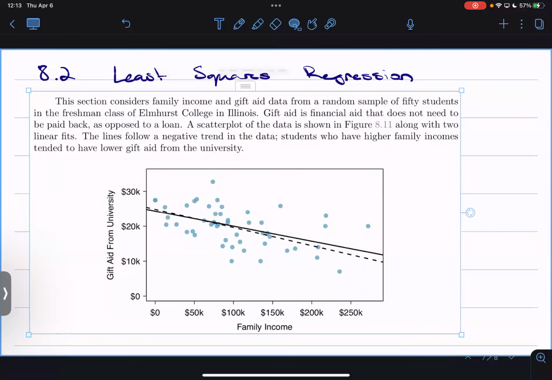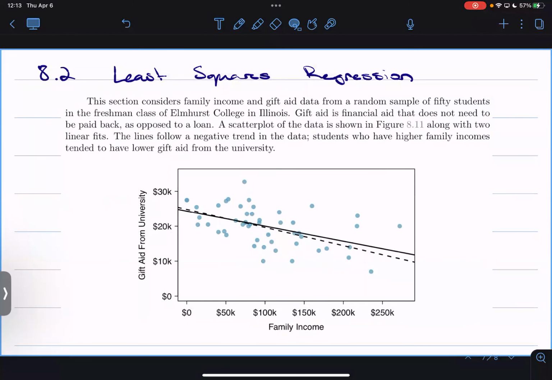So we're going to use data from this example here. It's about gift aid from the university against the family income of a student. So Elmhurst College in Illinois, gift aid is financial aid that does not need to be paid back, as opposed to a loan. And so as the family income increases, the gift aid decreases, right?